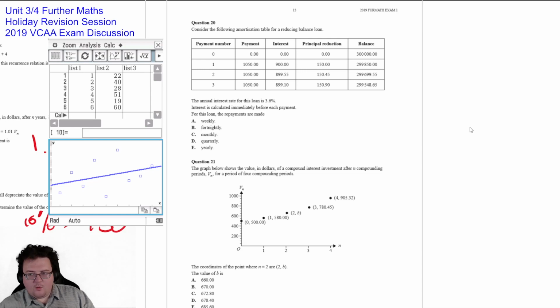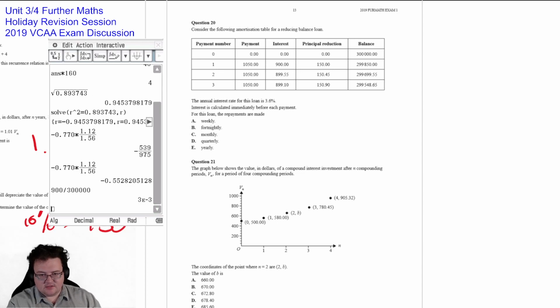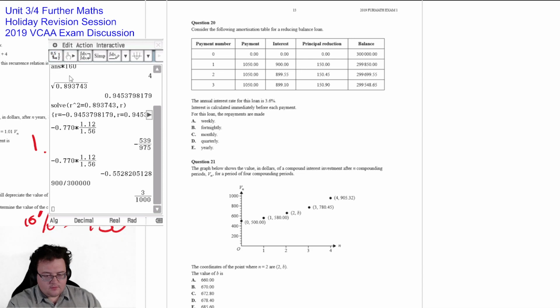What we need to do is figure out the interest that is being paid as a percentage of the balance. So let's go to our CAS. 900 divided by 300,000 is that, so 3 over 1,000.